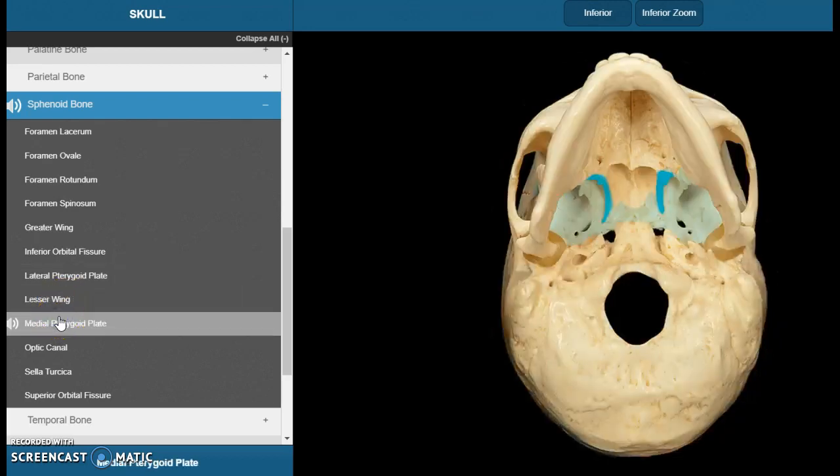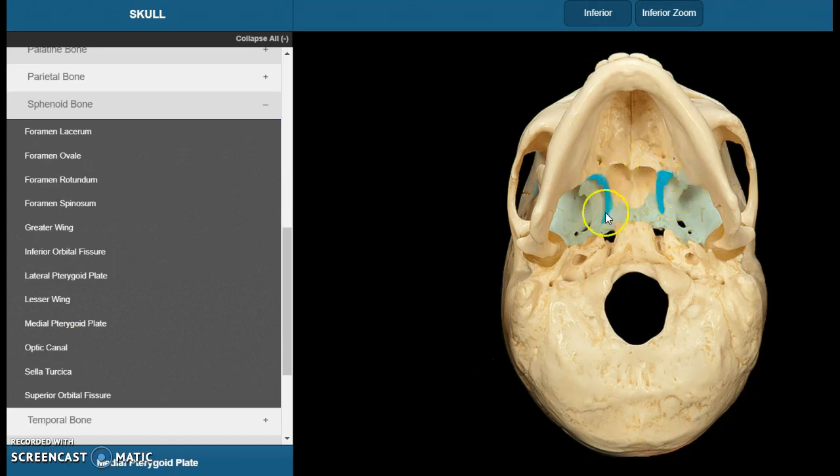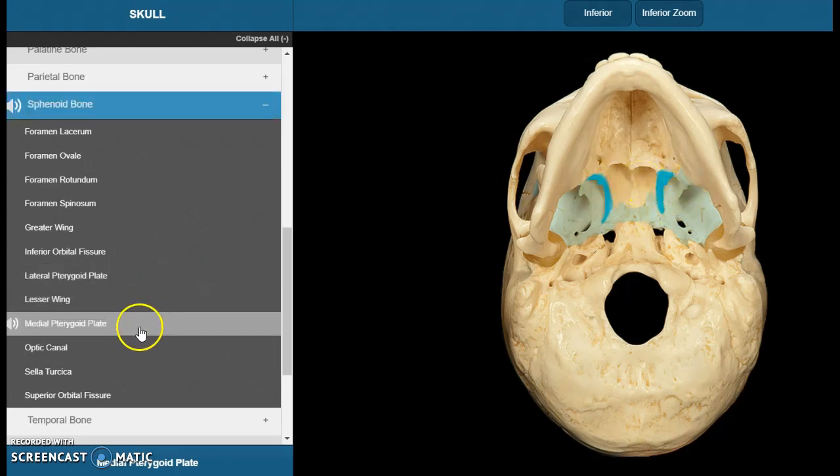He gives his girlfriend, so we're looking at the skull underside, and this is at the roof of our mouth, and he uses the medial.